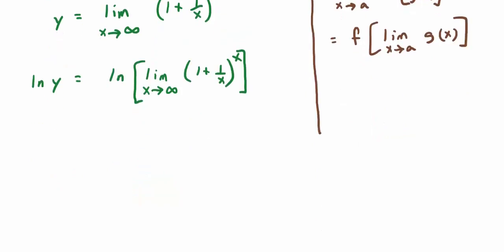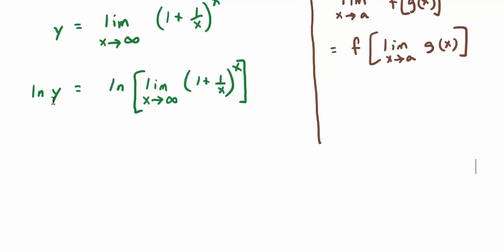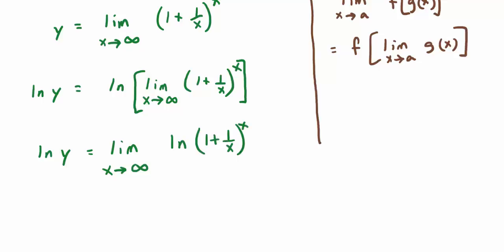I lost my cursor. There it is, my scroller. So I'm going to rewrite this then as the natural log of y equals the limit as x goes to infinity of the natural log of 1 plus 1 over x to the x. And that's important to be able to bring the ln to the inside, right?